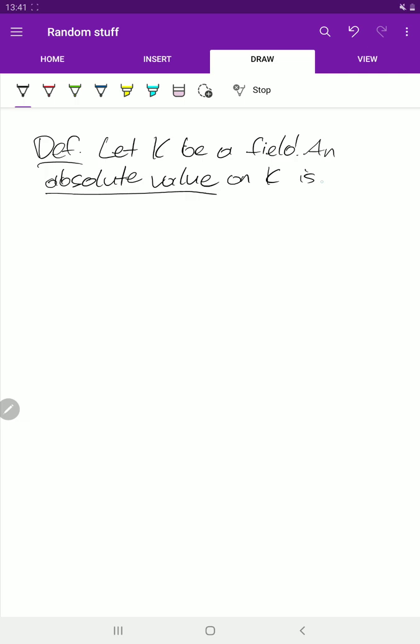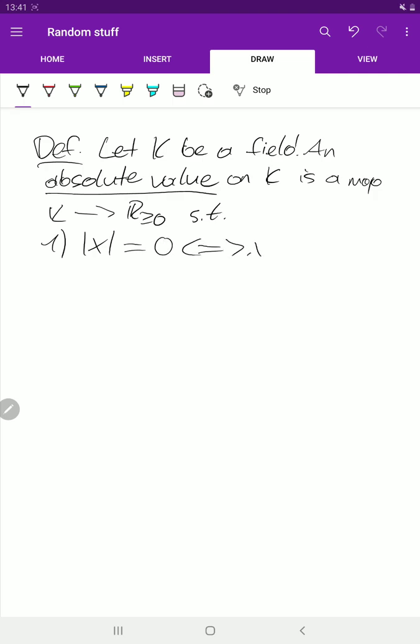So this is a map from K to the non-negative reals, and we want some conditions. So the first condition is that it should be 0 if and only if x is 0, for x in K. And then the second condition is that the absolute value should be multiplicative.